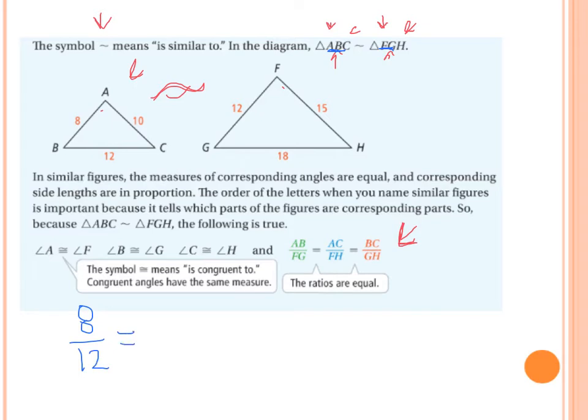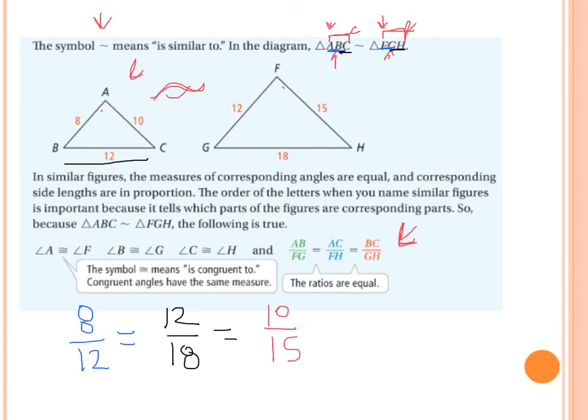That has to be equal to my next two letters, BC and GH. BC is 12, and GH is 18. And that has to be equal to my last two, AC and FH. AC is 10 and FH is 15.